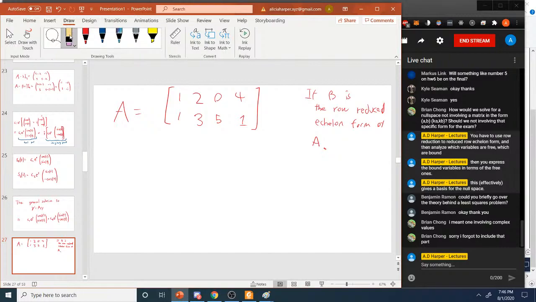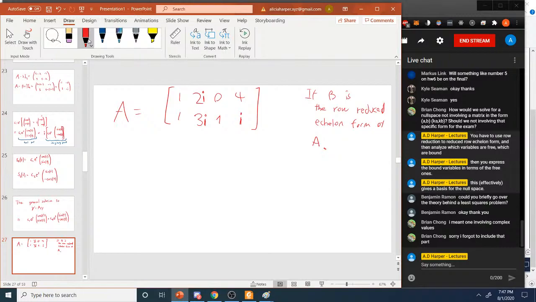Well, I'll just change this up slightly. I'm just going to put an imaginary number here, and I'll put a 1 here and an i here.